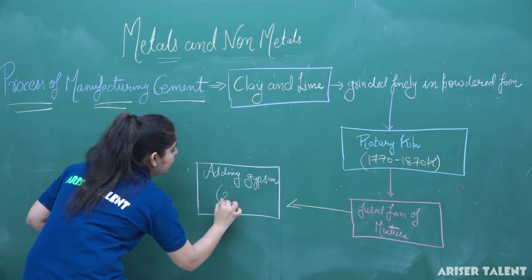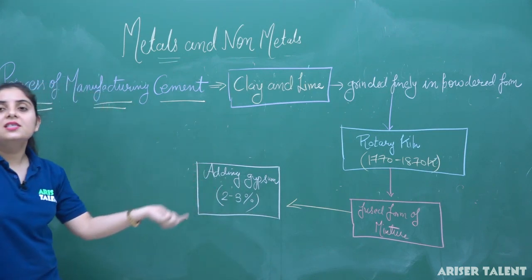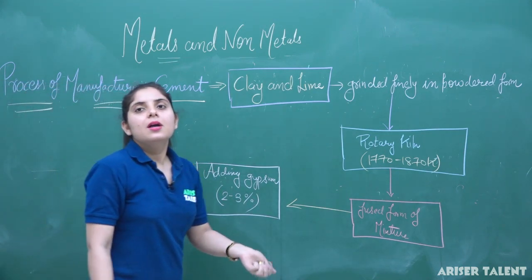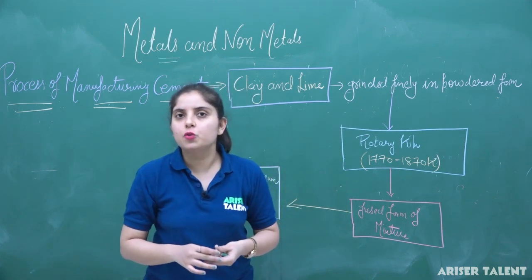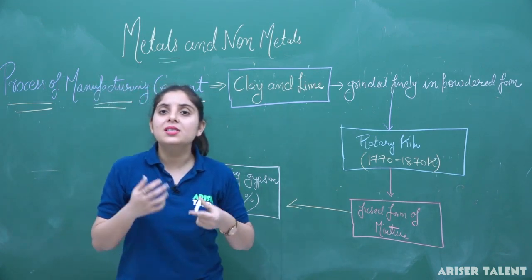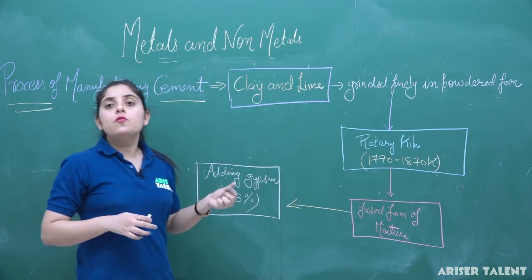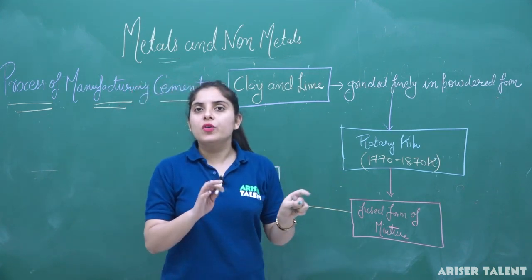Gypsum is added in the quantity of 2 to 3%. This gypsum is actually the hydrated salt of calcium sulfate, that is CaSO4.H2O. It is added to improve the quality of the cement that we are obtaining, and for the setting purposes.